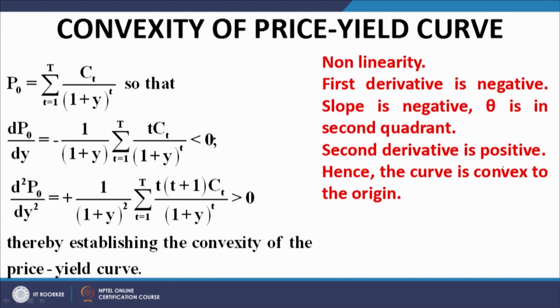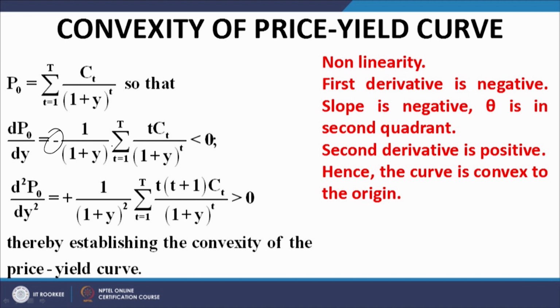This slide analytically shows you both the points that I have mentioned in the earlier slide. Firstly, the curve is downward sloping, the slope is negative. You can see here that the first derivative of price with respect to the YTM is less than 0. You can see this negative sign, and the rest of the expression is clearly positive. So, the entire expression will invariably return a negative sign, the slope will be negative.